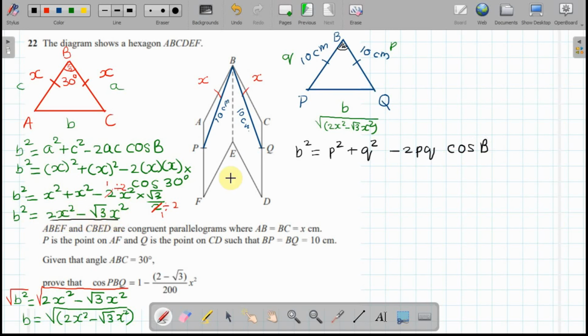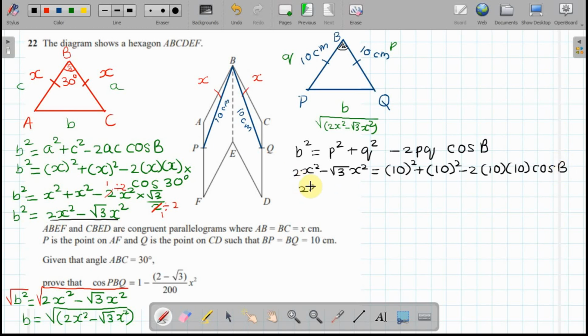So I'm going to start off with this over here. 2x squared minus root 3 x squared, and p is 10, plus another 10 squared, minus 2 times 10 times 10 times cos, let's call it b.